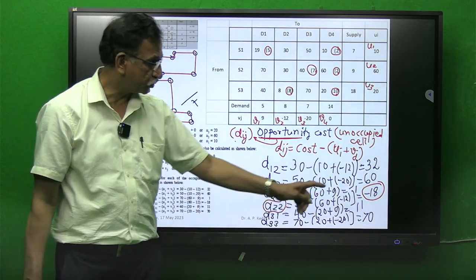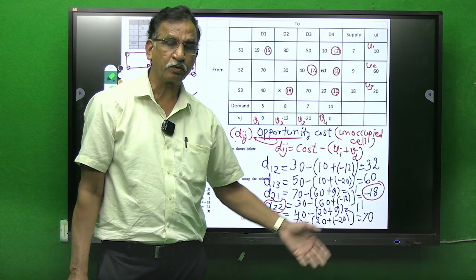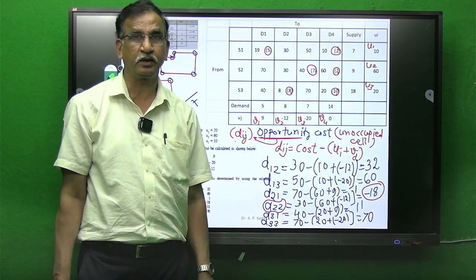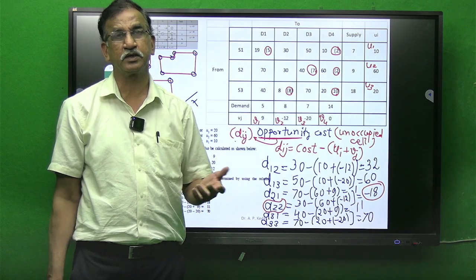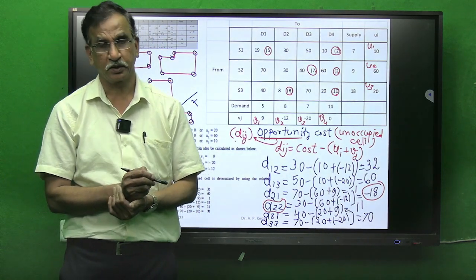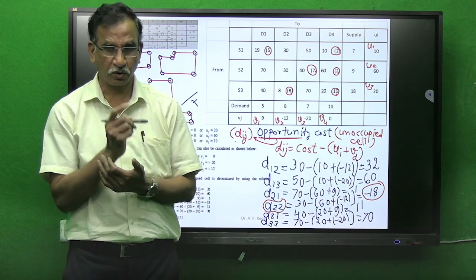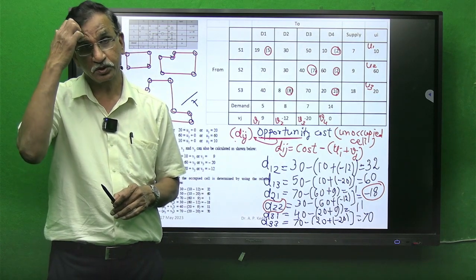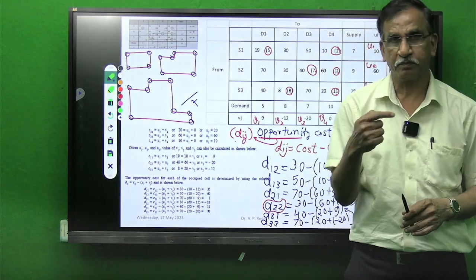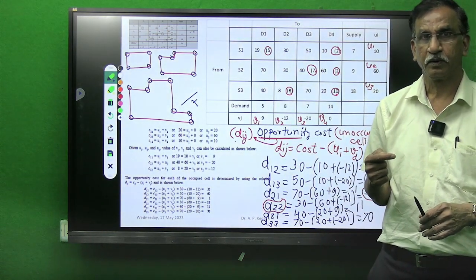Now, suppose in any other problem, you get two values like minus 18 and other value. By chance, if it comes out to be minus 20, what to select? So remember one thing: most negative opportunity cost cell. Again, I will reiterate.